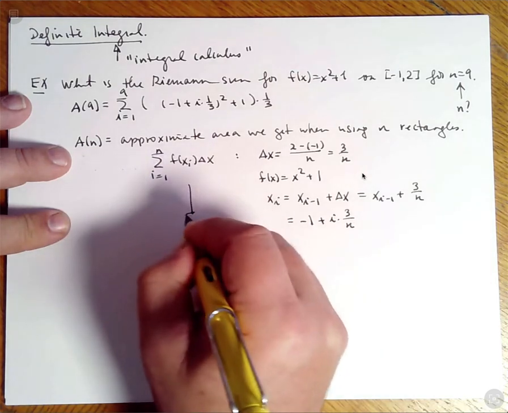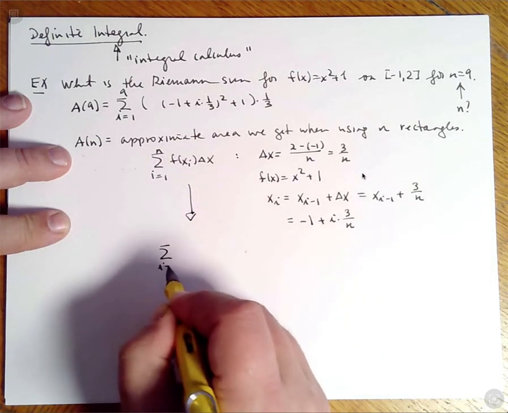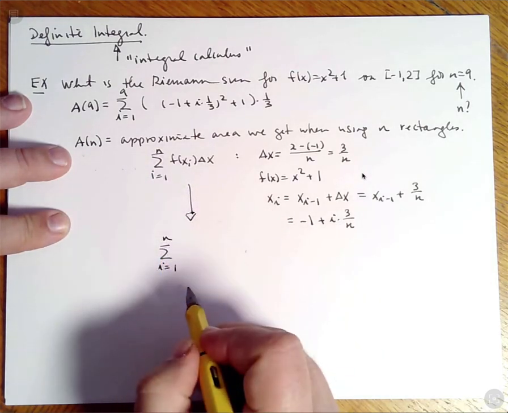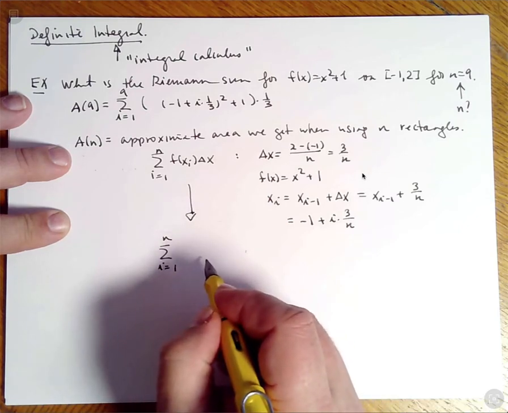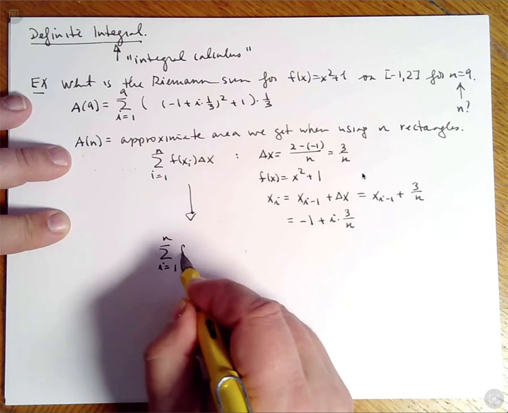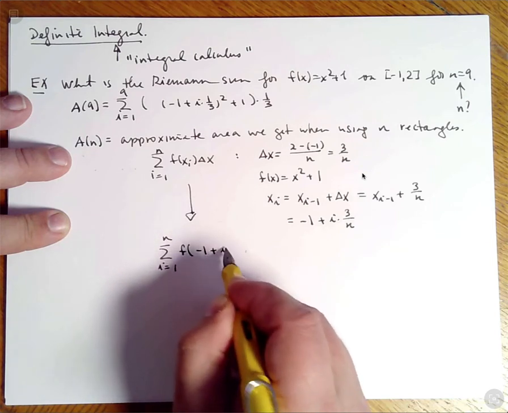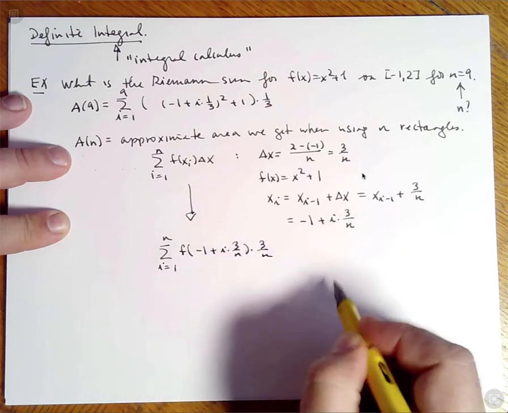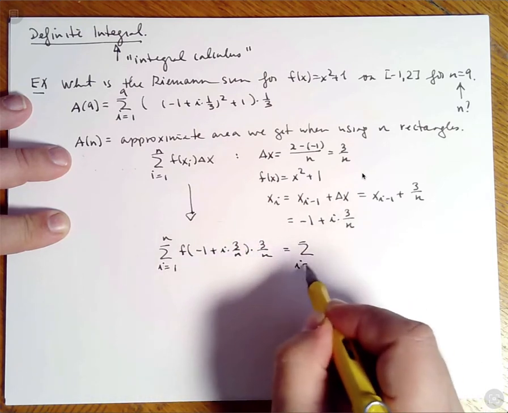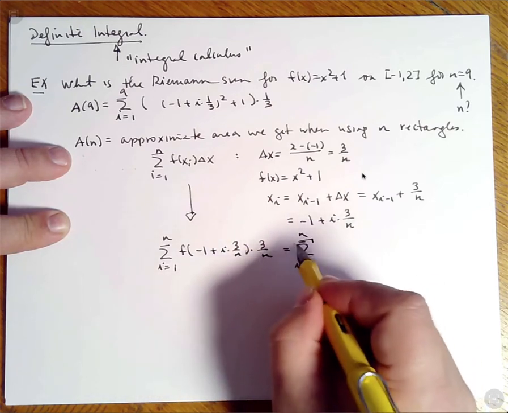So we can write down our Riemann sum. i goes from 1 to n of f of x_i. So that's f of (-1 plus i times 3 over n) times delta x, which is 3 over n. Now let's use our formula.